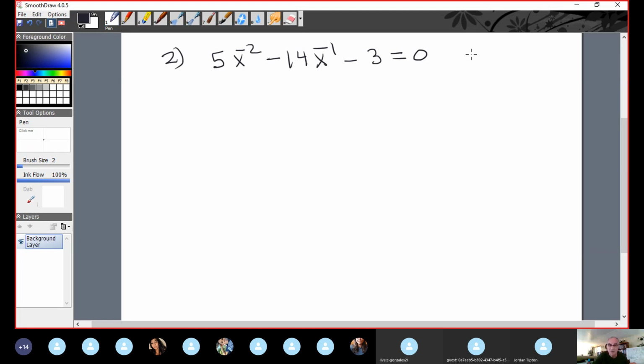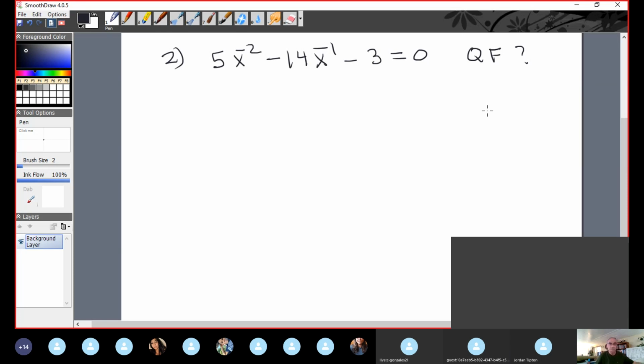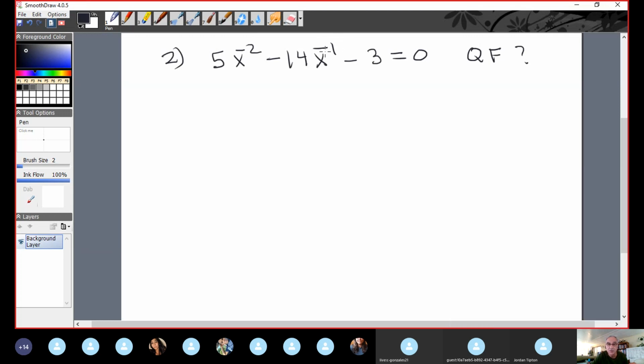My next question is, so the answer was not polynomial. Okay. Next question: is it quadratic in form? Yes or no? Yes. Why? Because this exponent, negative 2, is twice this exponent, negative 1. So now I make the decision that for solving this equation I use u substitution. u is equal to something.